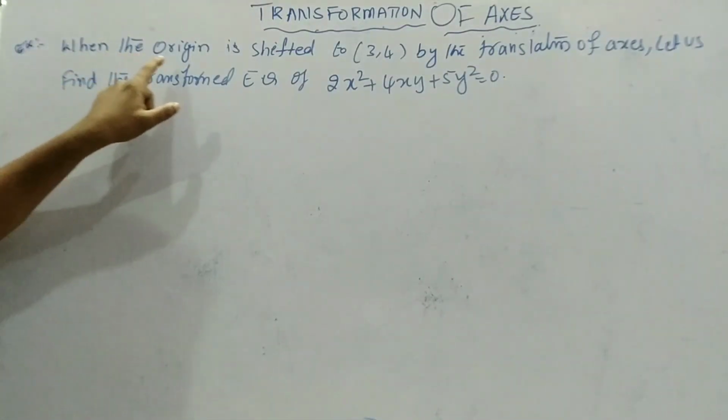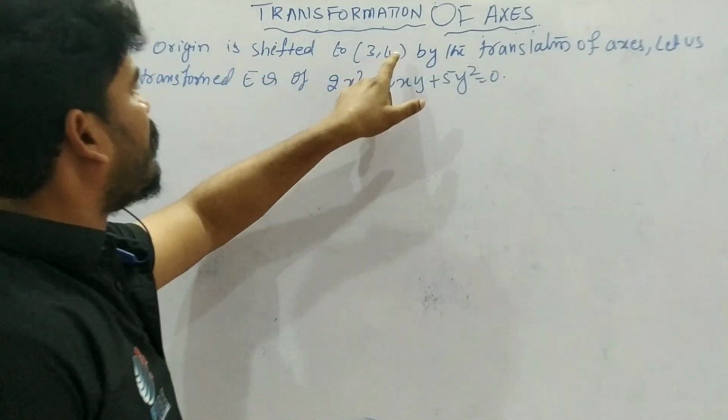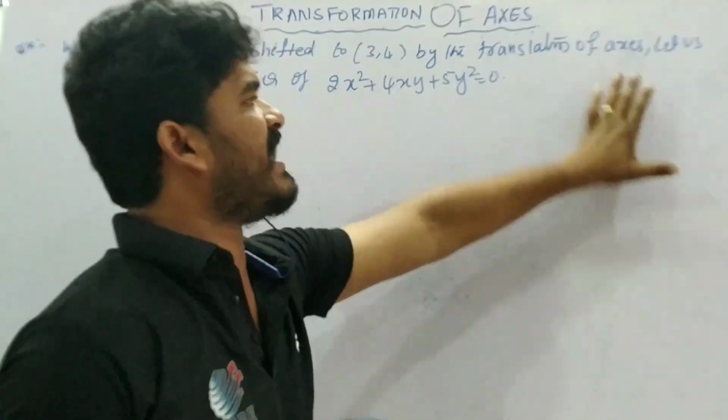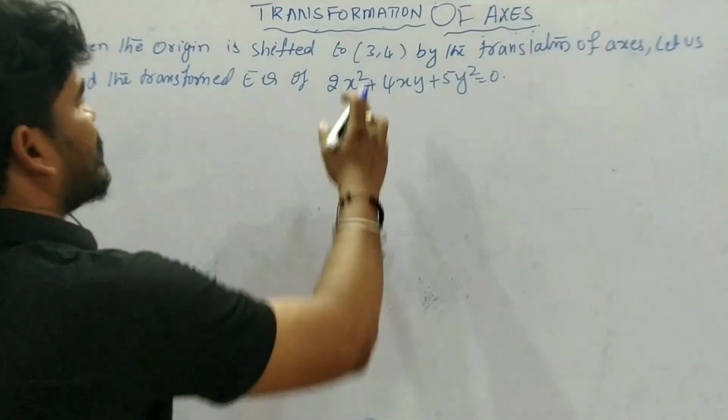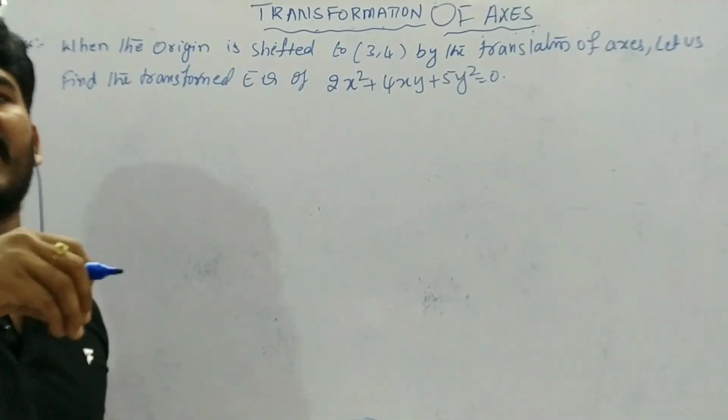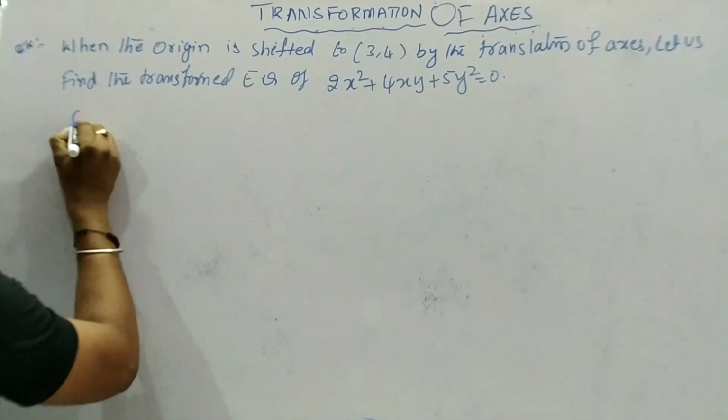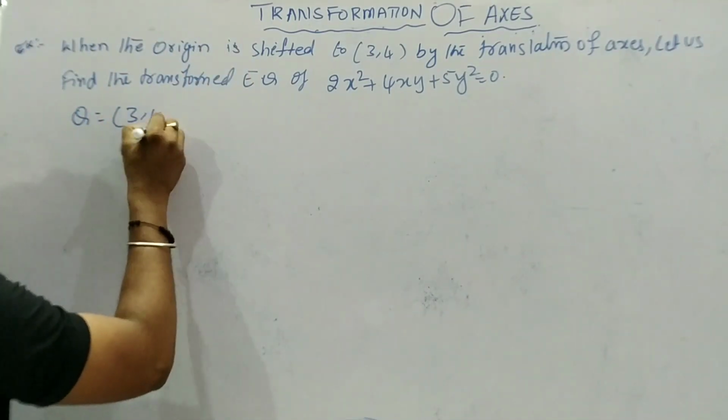Next example: the origin point is shifted to (3, 4) by the transformation of the axis. The shifted origin point is nothing but Q equals (3, 4).